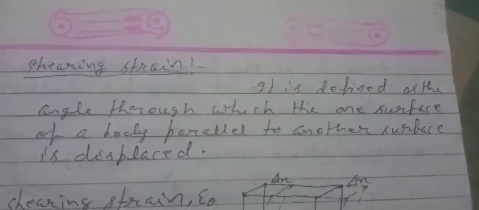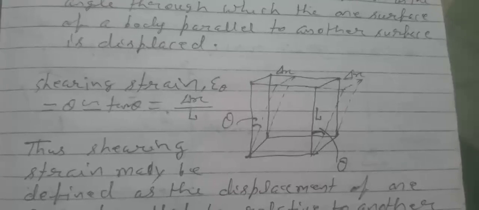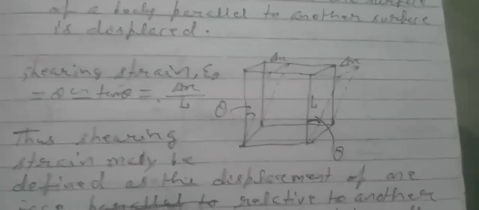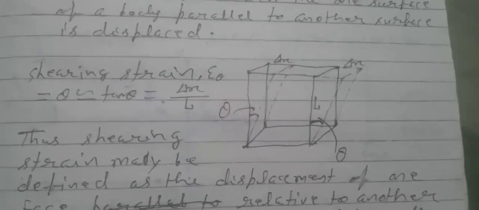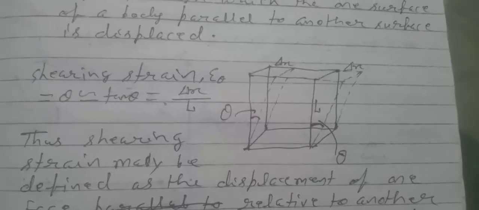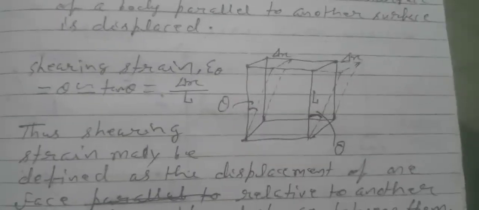Shearing strain. It is defined as the angle through which one surface of a body parallel to another surface is displaced. Here the situation is shown in the figure. The upper surface is inclined by an angle theta and it is displaced by a distance delta x.